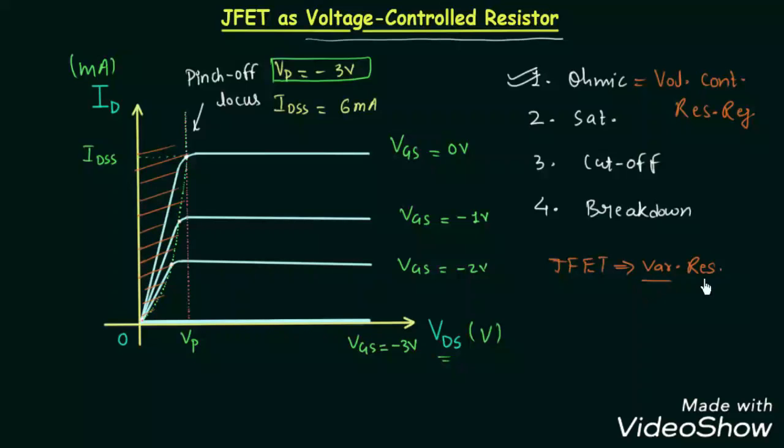Now what do we mean by variable resistor? This means we can increase or decrease the resistance using the voltage VGS, the controlling voltage. So if we change or vary VGS, we can also change the resistance of the junction field effect transistor, and in this way we can use it as voltage controlled resistor.